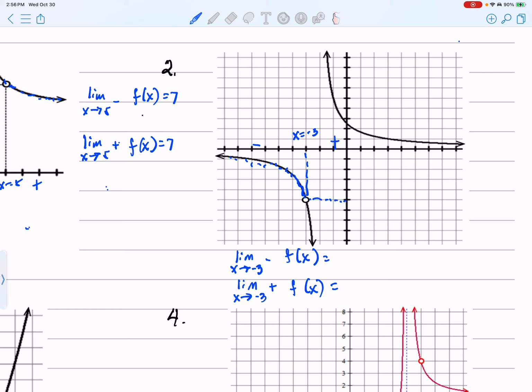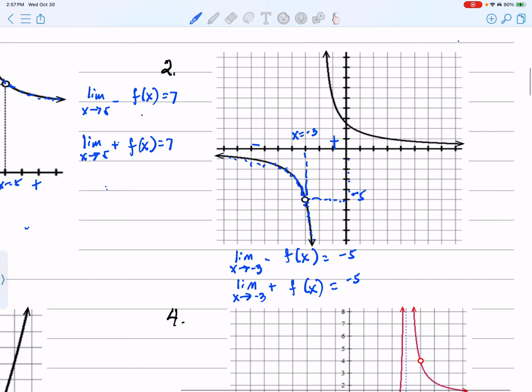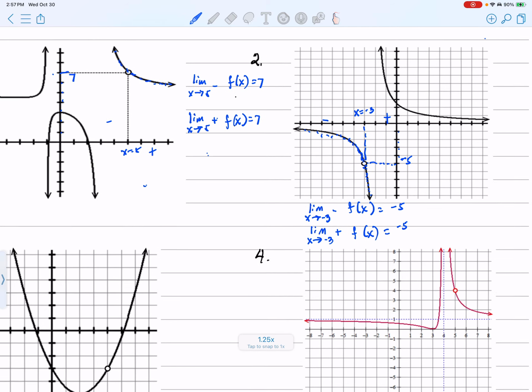So where is it located? 1, 2, 3, 4, 5, -5. Same thing from the right. As it approaches the hole, it approximately approaches -5. That means this is our y value. You're not asked for the coordinate, but when you are asked, it's easy for you to locate.